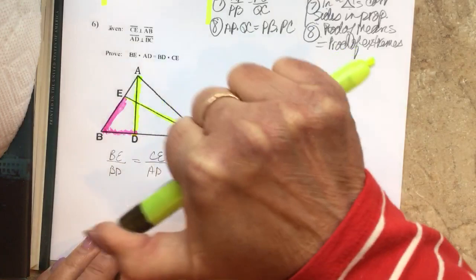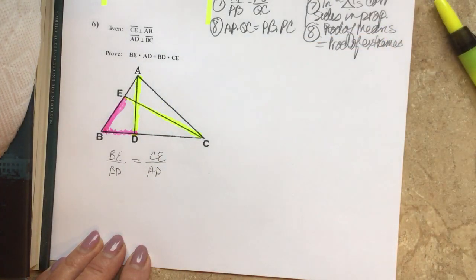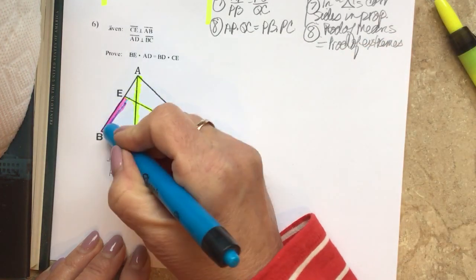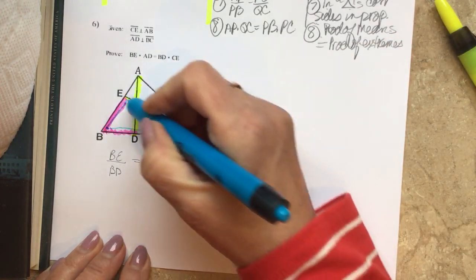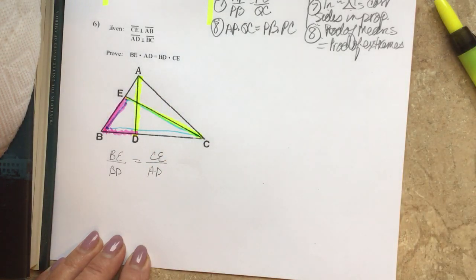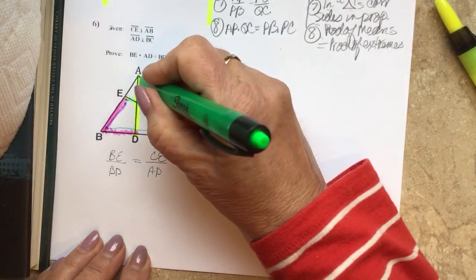All right, so we have the situation where there's two different colors for each triangle. So actually, I think I'll do this one in blue. And I have a lot of colors here. And this one in green.